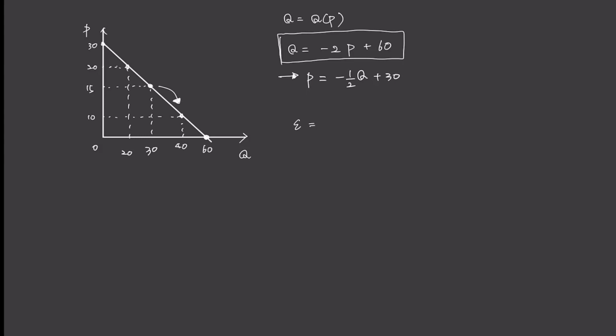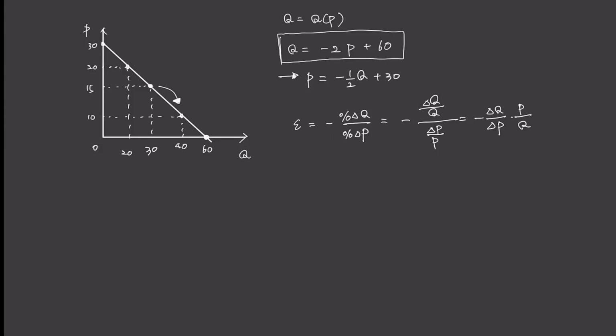But as I told you, as long as the value is given, especially in a linear function, I define it a little bit differently right here. So percentage change of Q over percentage change of P. In other words, negative delta Q over Q, and the denominator is delta P over P, and rearranging this, delta Q over delta P times P over Q.